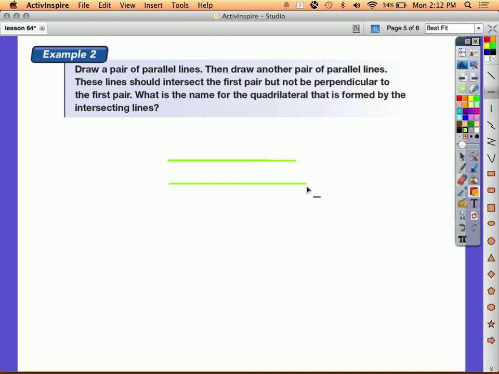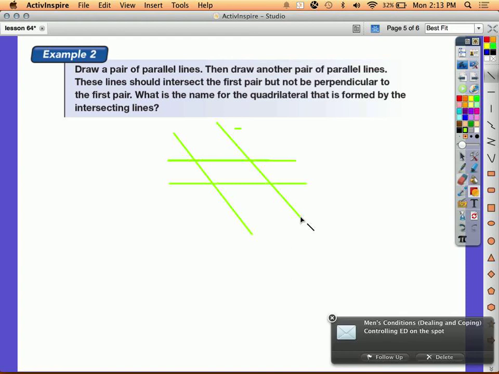Then draw another pair of parallel lines. These lines should intersect the first pair, but not be perpendicular. So they don't want us to be straight up and down with those parallel lines. Cannot make 90-degree angles. So I'm going to draw some parallel lines this way. Remember, parallel lines will never touch. Okay?